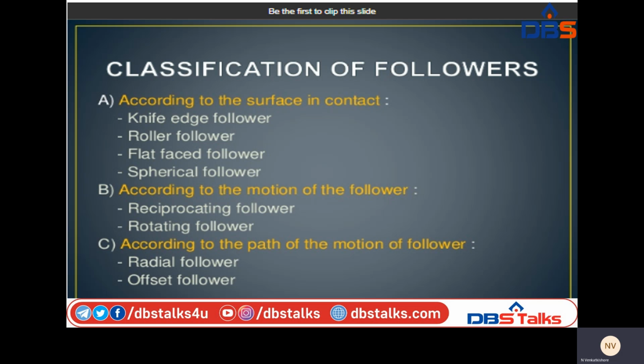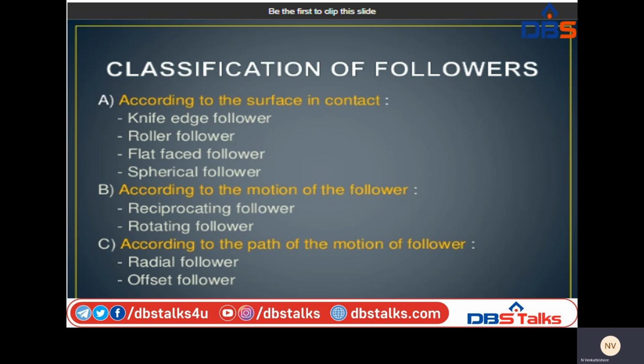The second is according to the motion of the follower: we already know followers move with reciprocating or oscillating motion, so they are divided into two types. The last one is according to the path of motion of the follower. Let us discuss one by one.